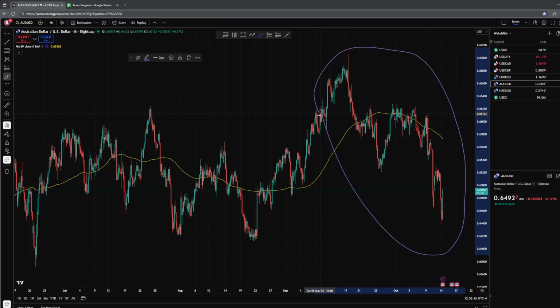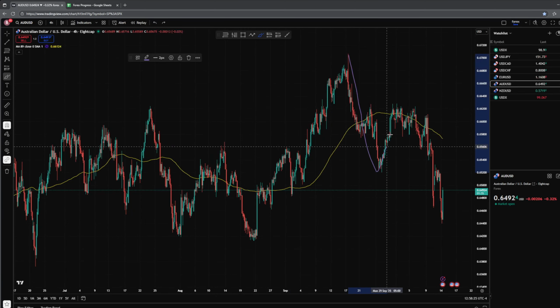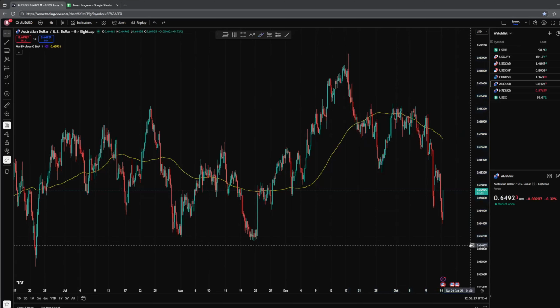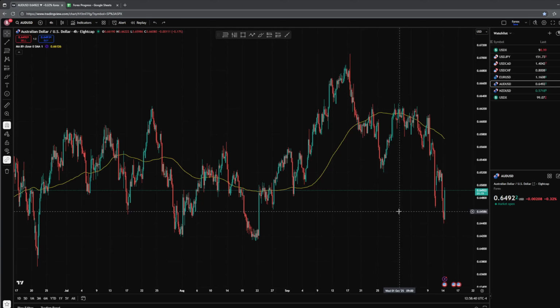So once again, if you ask me what the trend is right now as of today, I will definitely say the shorter term trend is down. The market is expected to go down. But if it aligns with the longer term trend, it's the strongest signal. For that reason, don't trade Aussie. Instead, wait for opportunities on USD Japan yen and Loonie.